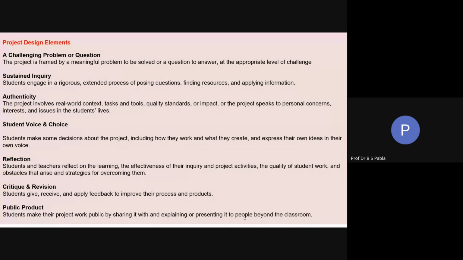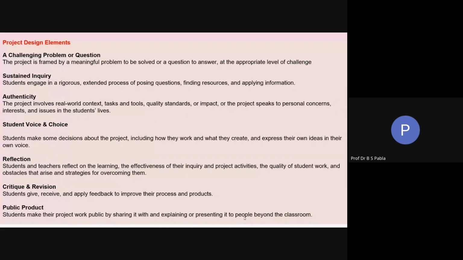Critique and revision. The students are open to criticism and feedback at all levels. They listen to the feedback, they listen to the criticism, as well as they criticize the other things. And maybe we expect that the students make their project work public.